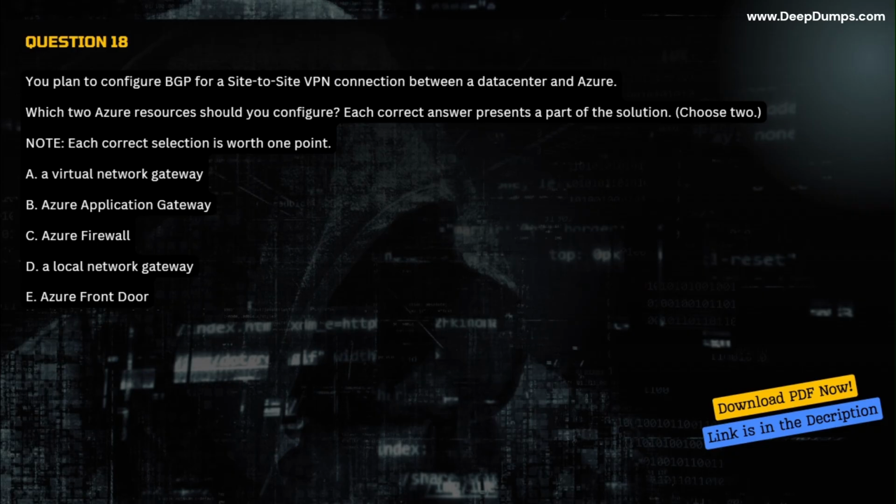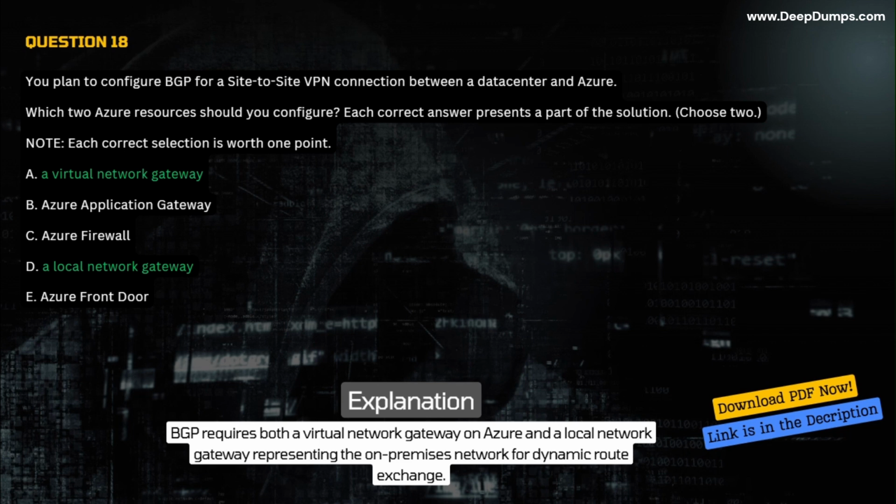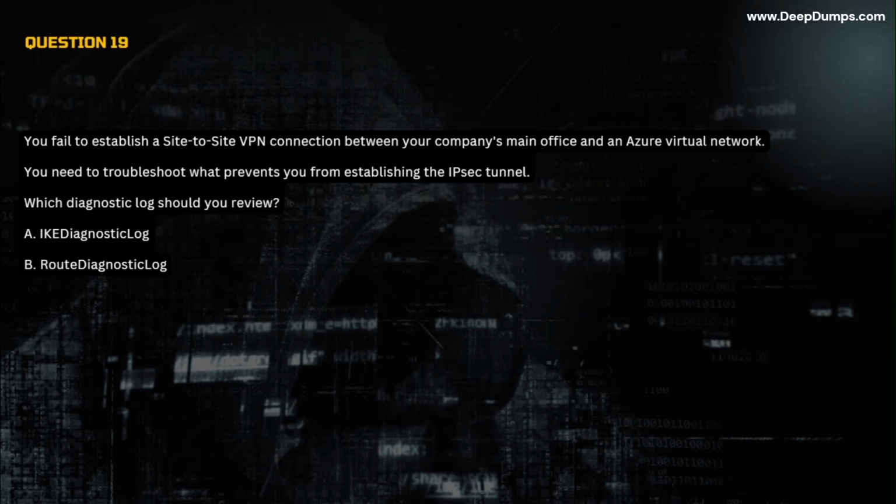C. Azure Firewall. D. A local network gateway. E. Azure Front Door. Correct answer: A and D. A virtual network gateway, a local network gateway. Explanation: BGP requires both a virtual network gateway on Azure and a local network gateway representing the on-premises network for dynamic route exchange.